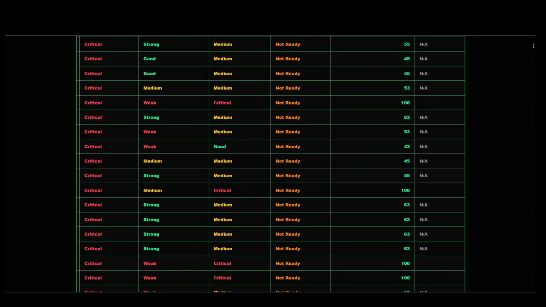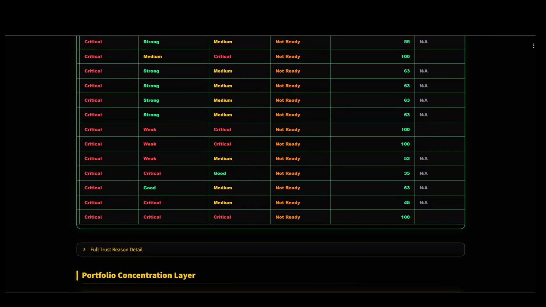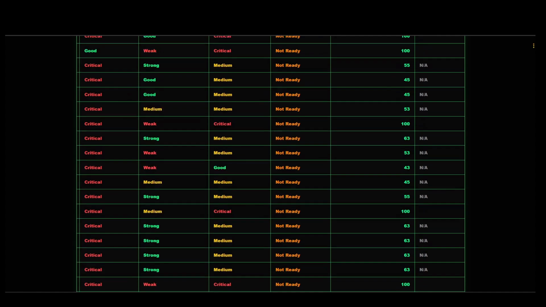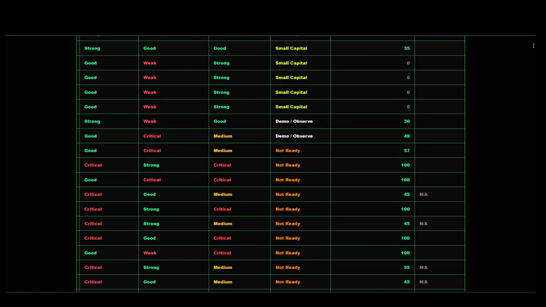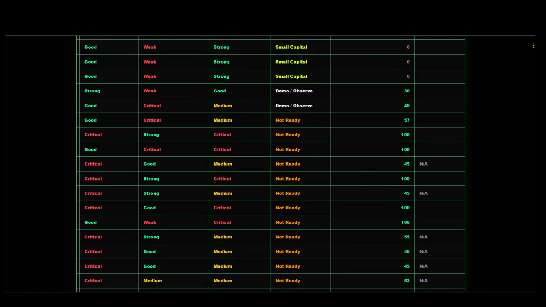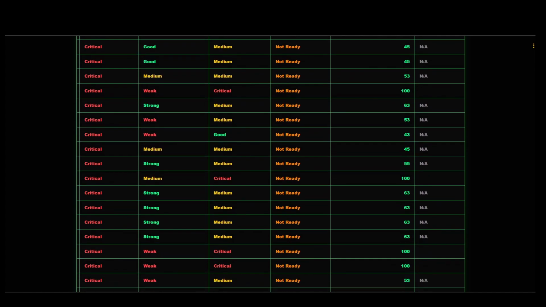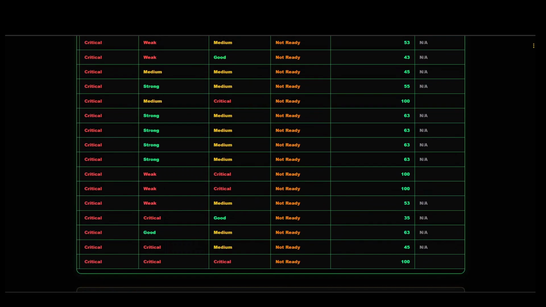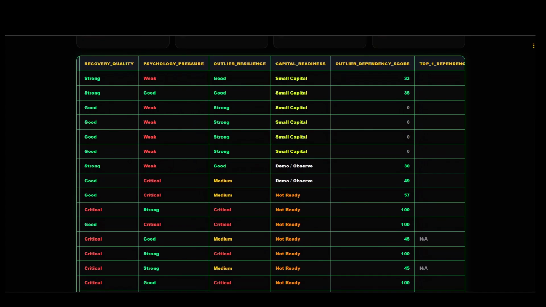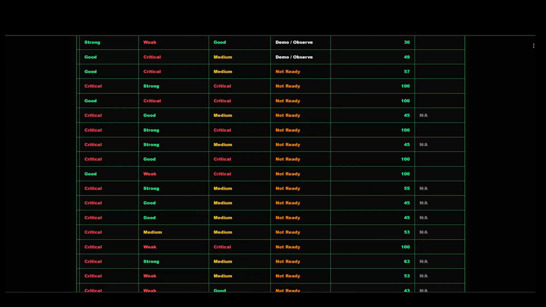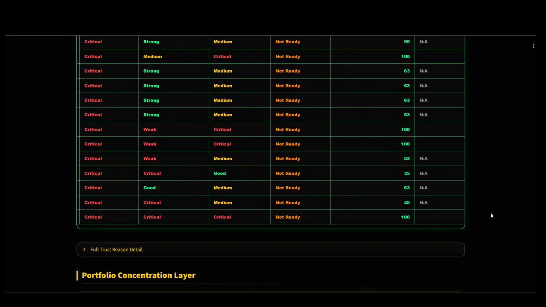Now it asks, can this robot realistically survive pressure, drawdown, recovery cycles, dependency stress, and real execution psychology over time? And again, this layer is not completely negative either. Some robots still maintain strong recovery structure, good outlier resilience, lower dependency pressure, and small capital readiness classifications, while other robots fail deeper trust validation and fall into demo or observe or not ready structures.